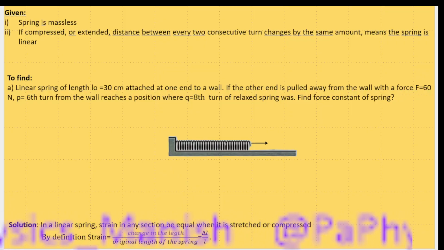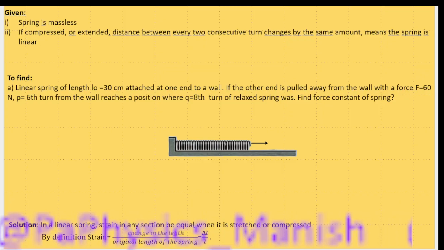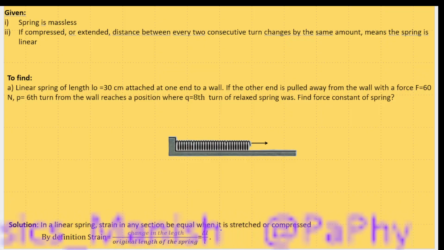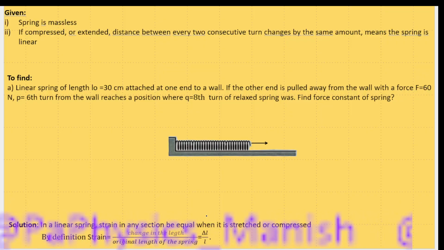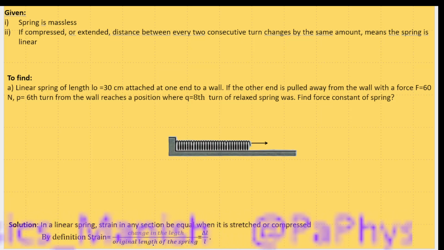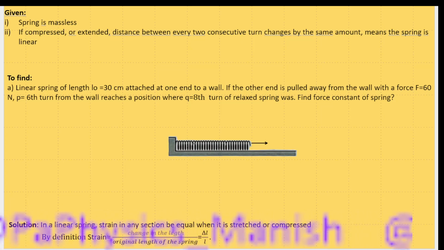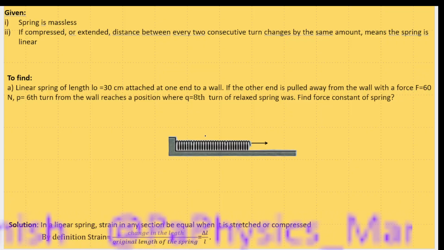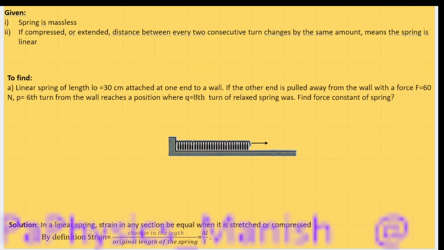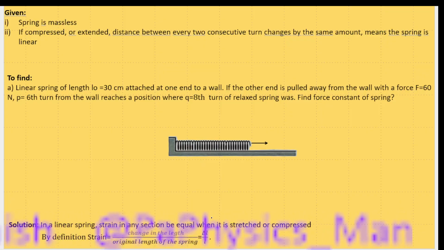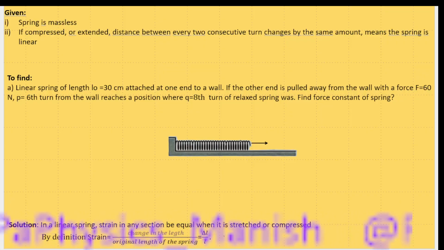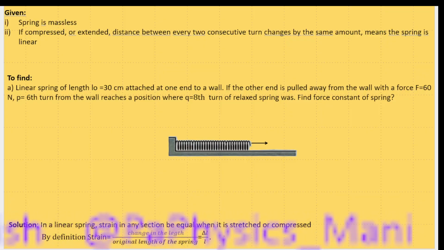For a linear spring, every segment of the spring, when it is stretched or compressed, will have the same strain, meaning equal strain. So if we take any segment of length L, and the change in length of that segment is delta L, then delta L by L will remain constant for any segment of a linear spring.